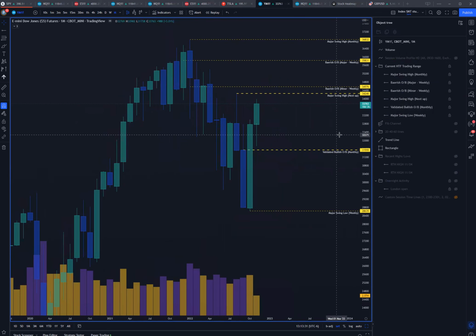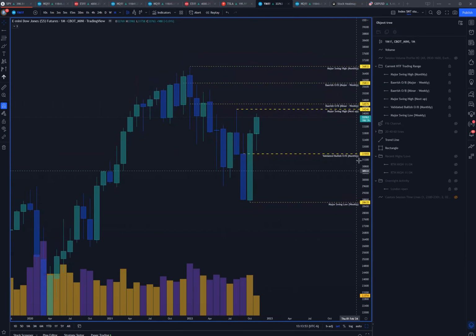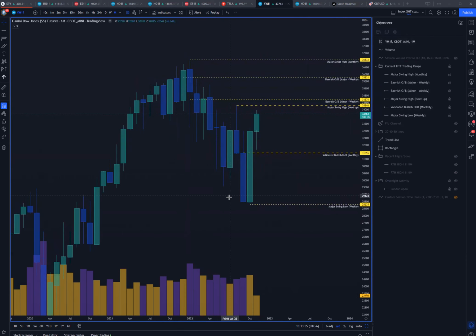Okay, so for now, let's just see what is actually going on. We have established a clear bullish bias on the monthly and weekly charts, and we have confirmed that by comparing the three major indices and verifying that they're all staggered up a little bit towards each other.